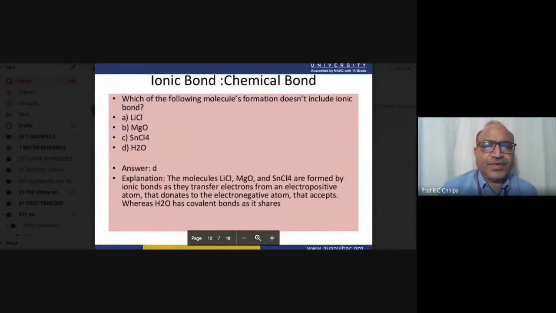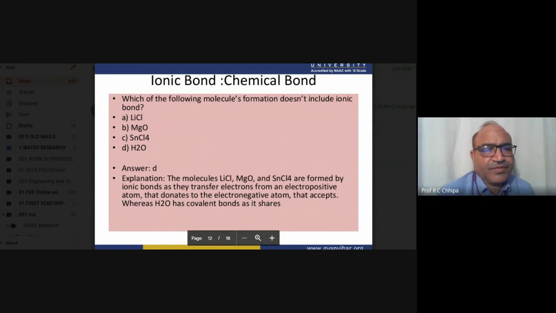Now, which of the following molecule formations does not include an ionic bond? Here are various examples of compounds. The first one is lithium chloride, LiCl, formed from the lithium cation and chlorine anion. In the case of magnesium oxide, magnesium plus 2 and oxygen minus 2. Similarly, in tin tetrachloride, tin plus 4 and chlorine negative.